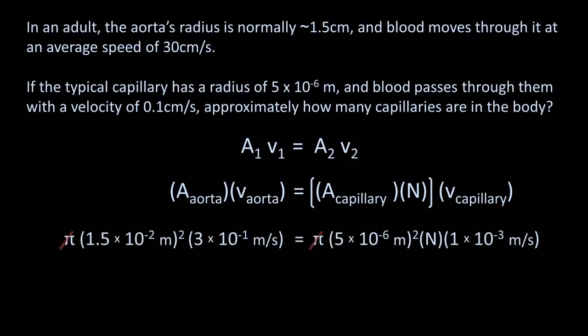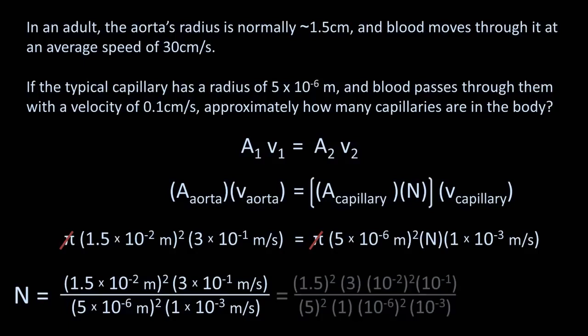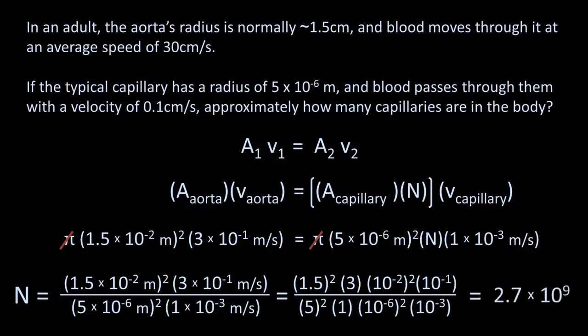Pi cancels out. And solve for n. To make the arithmetic just a little more manageable, we can distribute the second power and rearrange terms. And with the help of a calculator, we determine that there are approximately 2.7 times 10 to the 9th capillaries in the body.